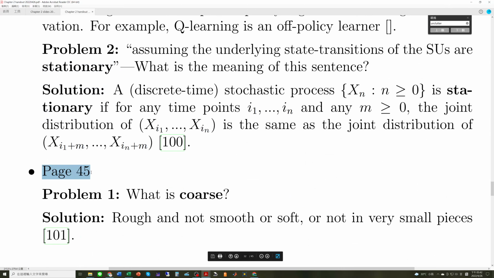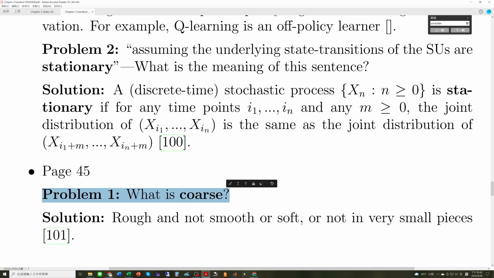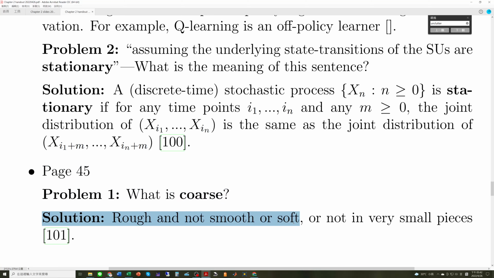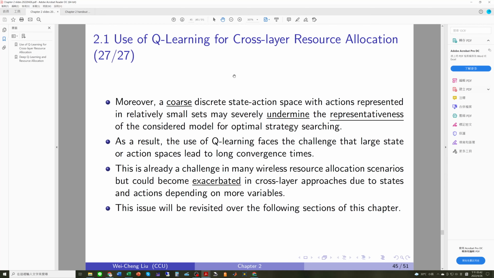Page 45, problem 1. What is coarse? Solution: rough and not smooth or soft, or not in very small pieces. Let us go back to the slides.